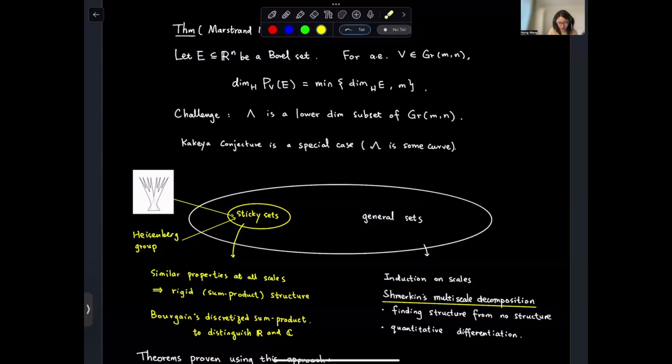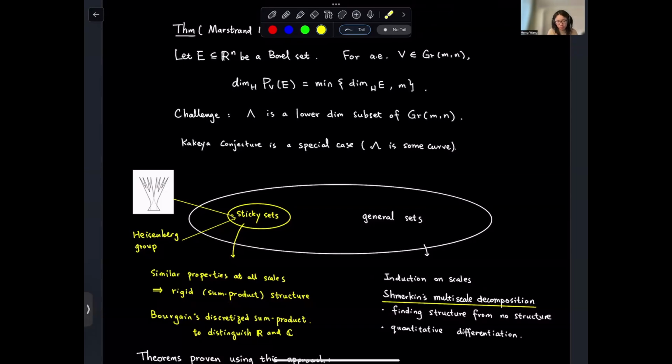Also, when we say that it has rigid structure, it's a rigid sum-product type structure. So this is often a very nice place to apply Bourgain's discretized sum-product theorem, which distinguishes real numbers and complex numbers. I should say that similar properties at all scales imply some rigid sum-product structure.